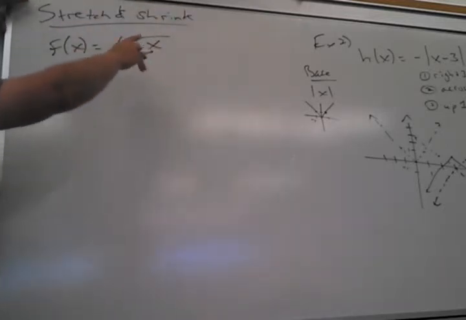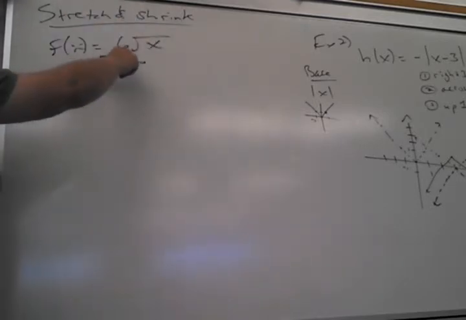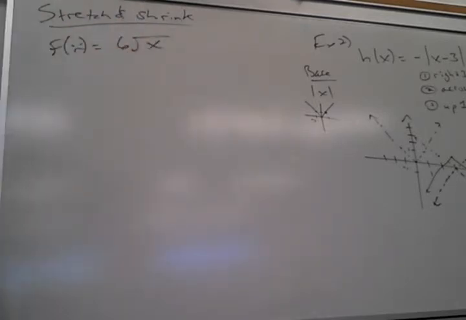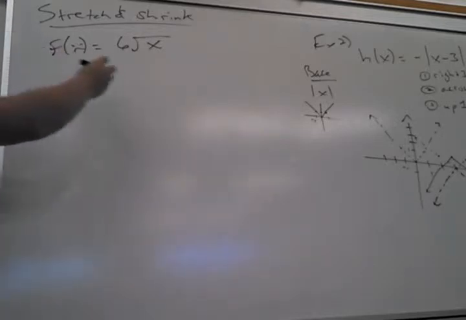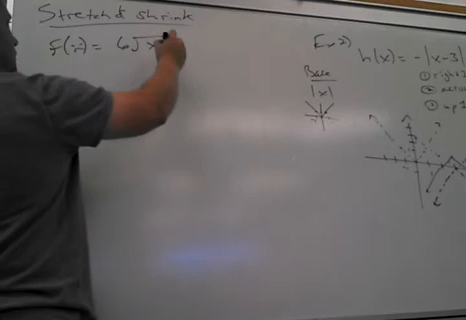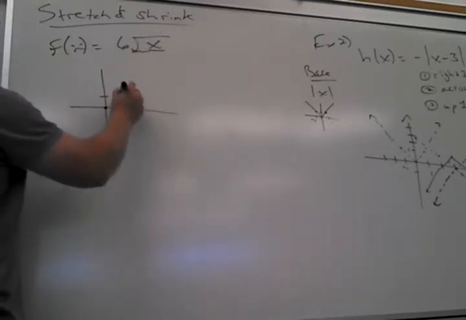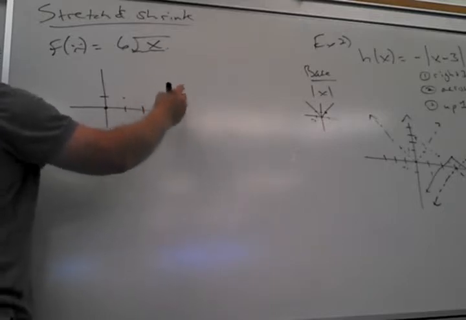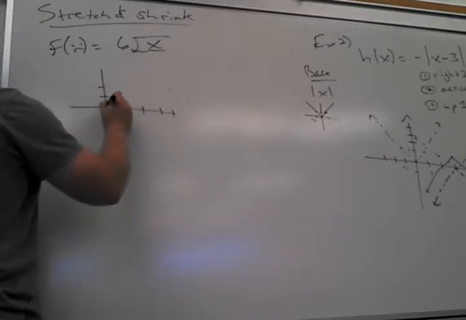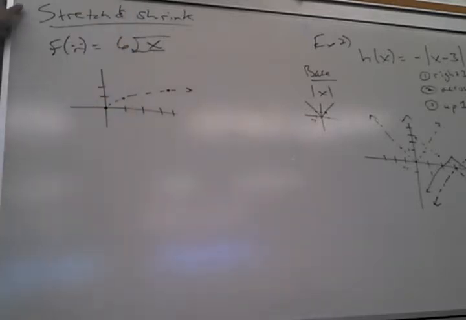You can say what it does. In this specific instance, is that 6 in with the variable somewhere? No, it's on the outside. So it's going to directly do 6 times what the values used to be. My base function is square root of x, so it would start off as 0, 0, 1, 1, 4, 2. That's the base function.